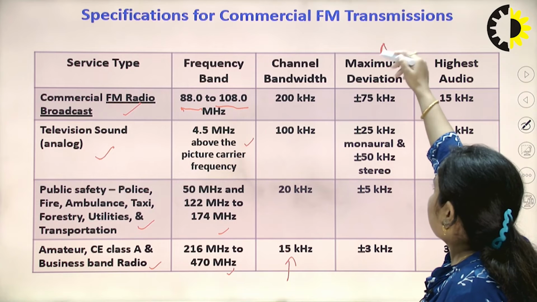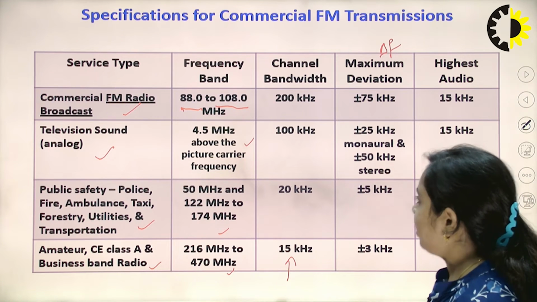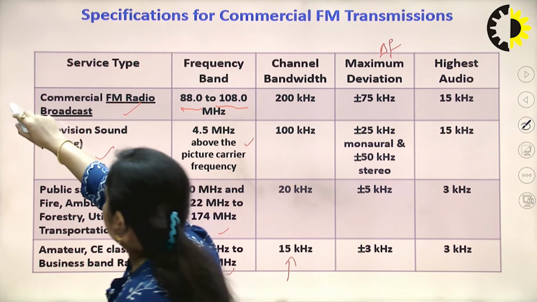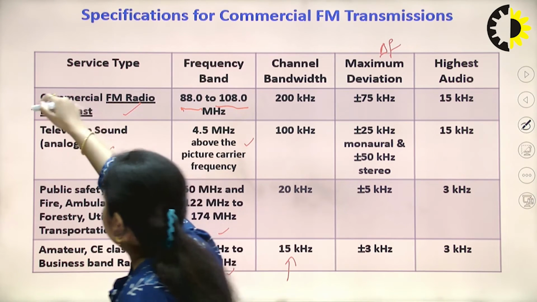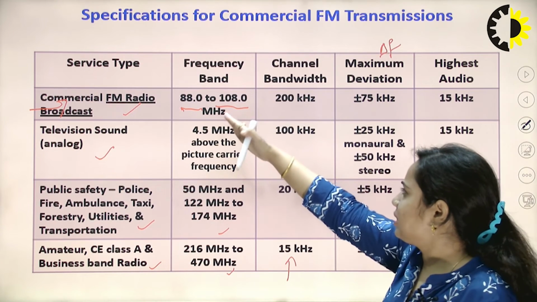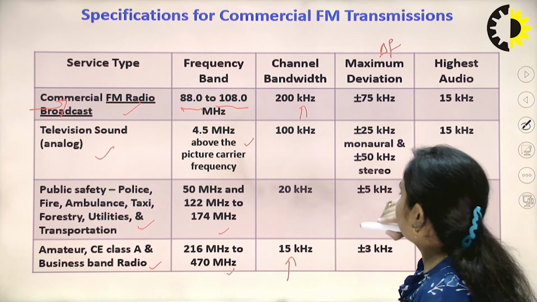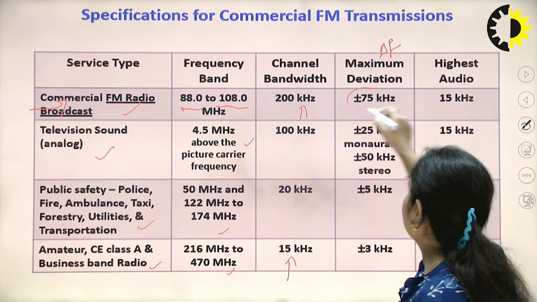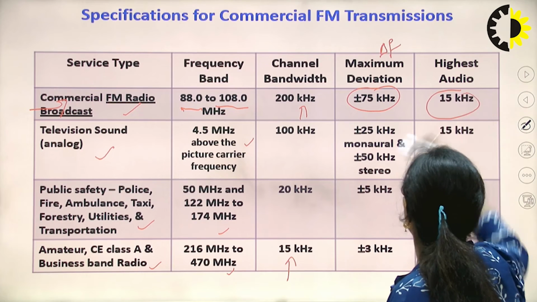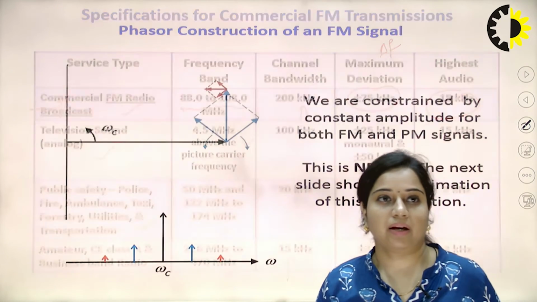This is the maximum deviation that is allowed. So as you can see, this one is the standard case of FM radio, where the frequency band is from 88 to 108 megahertz. The channel bandwidth is 200 kilohertz. Maximum deviation is 75 kilohertz, and the highest audio frequency that is allowed is 15 kilohertz practically.